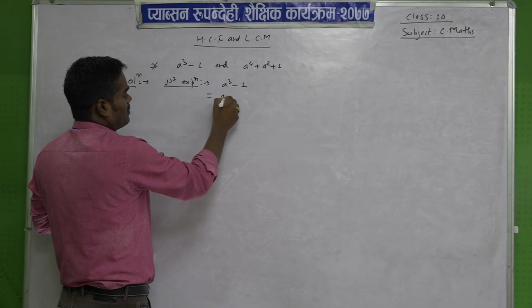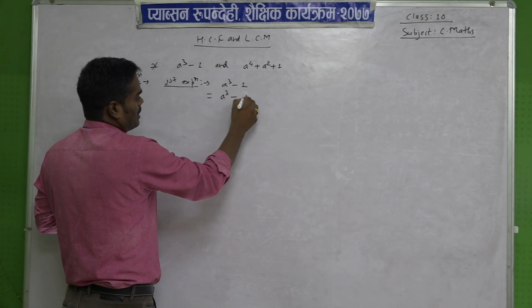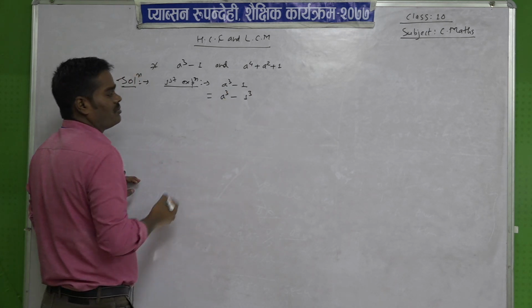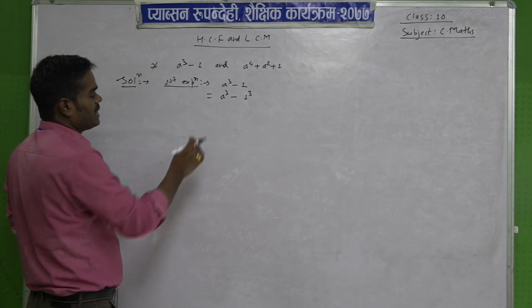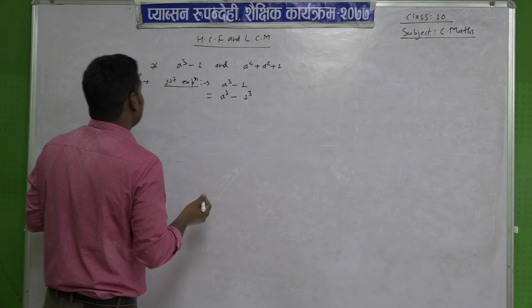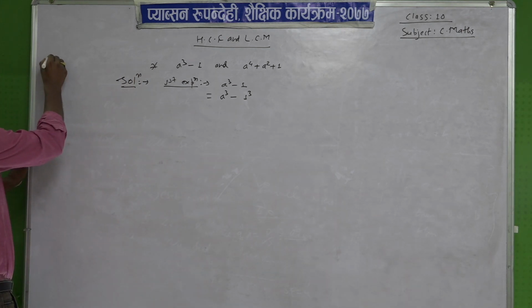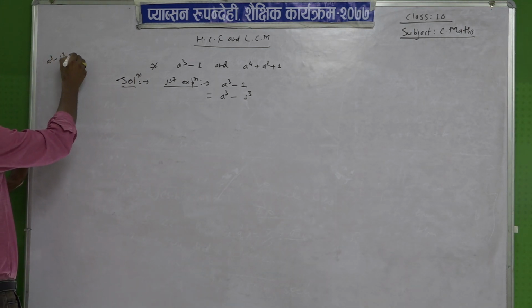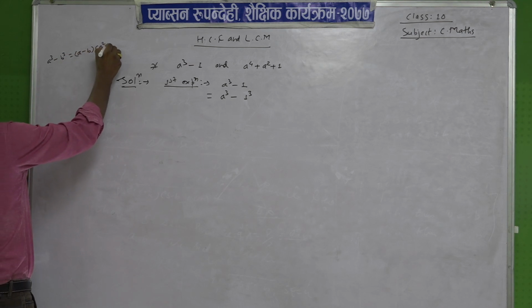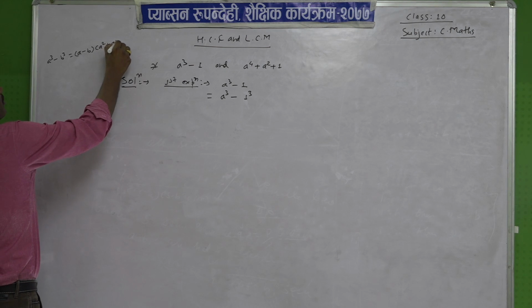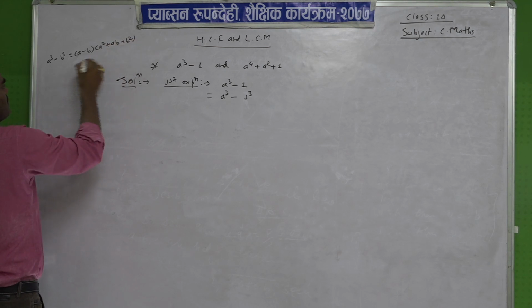We can write 1 as 1 cube, because the cube of 1 is 1. So it became a cube minus b cube, and we know the formula of a cube minus b cube means a minus b into a square plus ab plus b square.